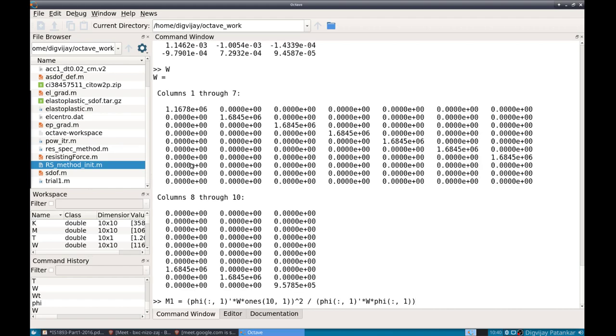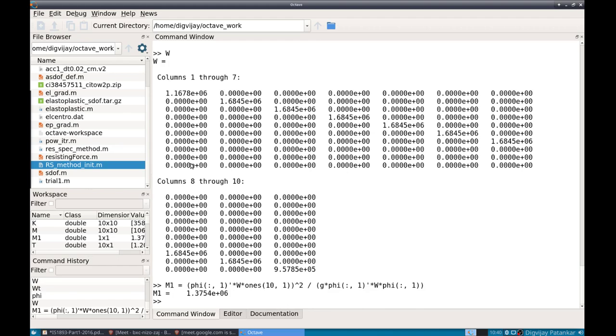So phi transpose W 1 squared, divided by phi transpose W phi, and I forgot g here because I am using seismic weight, g into, okay. And now let us see how much it is. M1. So this is M1. Understood how to get it?